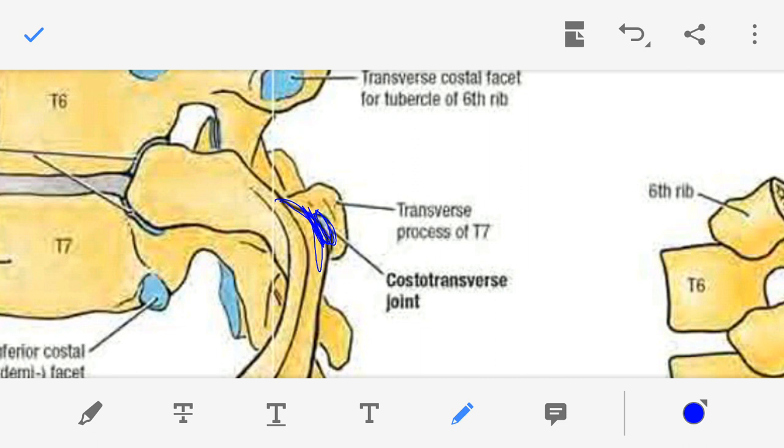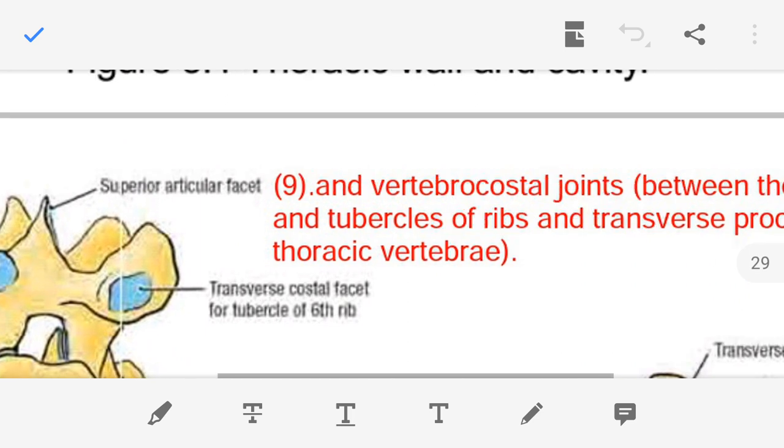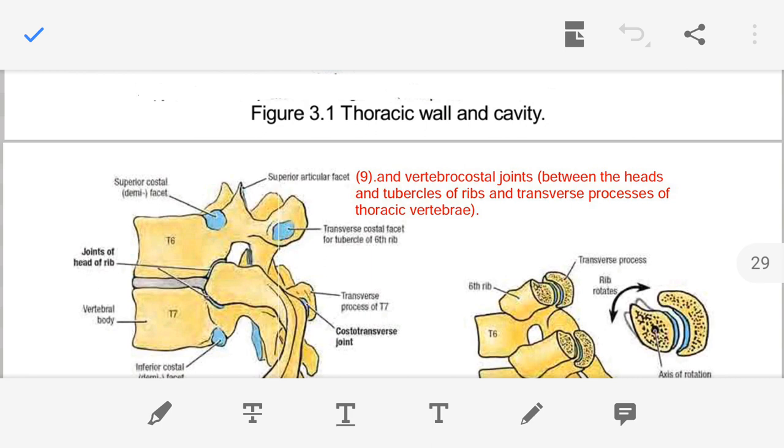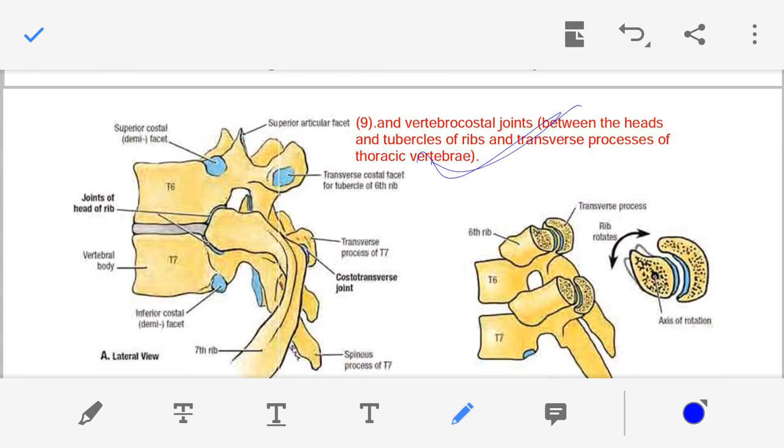The joint formed between the tubercle and the facet of the transverse process is known as the costotransverse joint, and this joint is also a vertebrocostal joint. So these two joints are examples of plane joints.